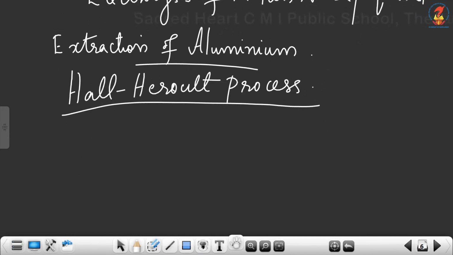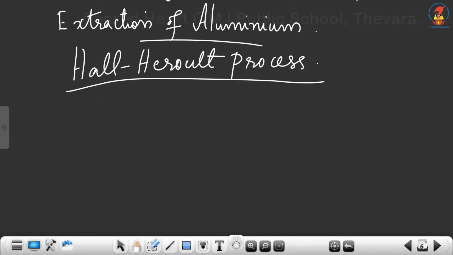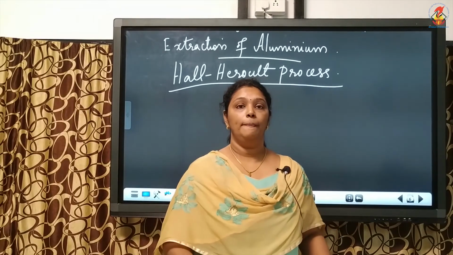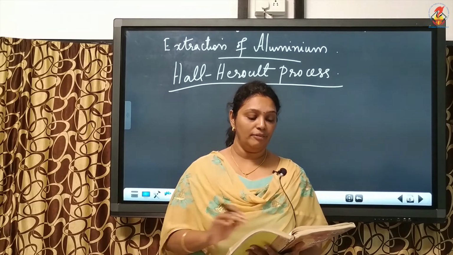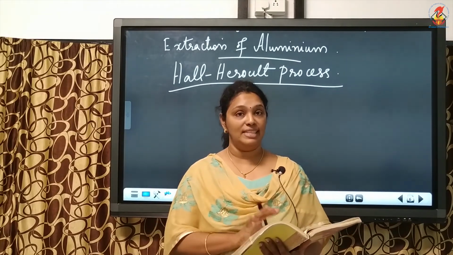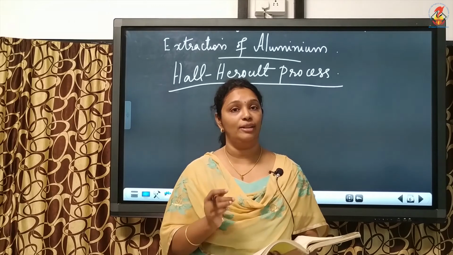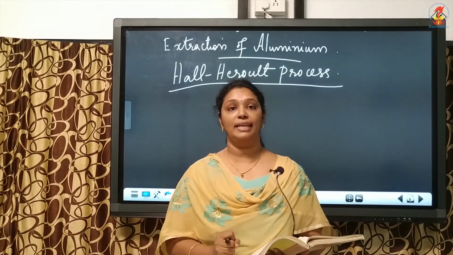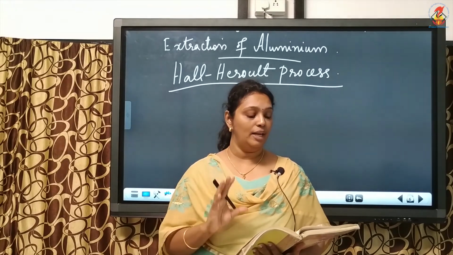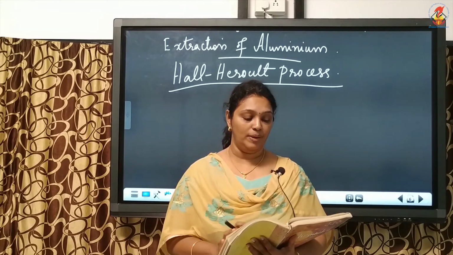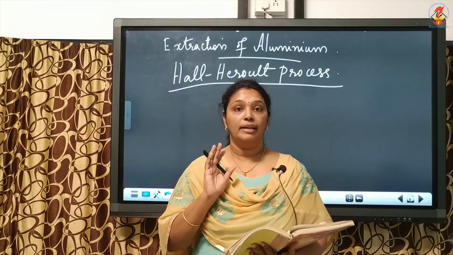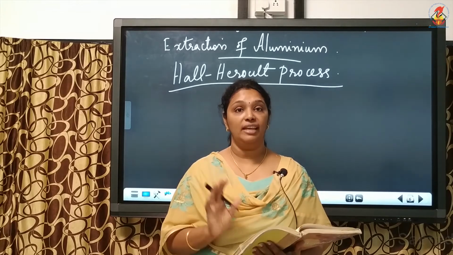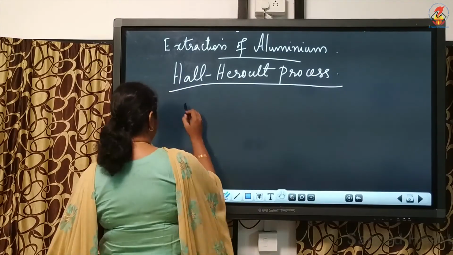This is an electrolysis process. So extraction of aluminium or Hall-Héroult process. So here the anode taken is graphite and cathode is steel. Anode graphite, cathode steel, and the electrolyte taken is molten aluminium oxide mixed with cryolite and CaF2.